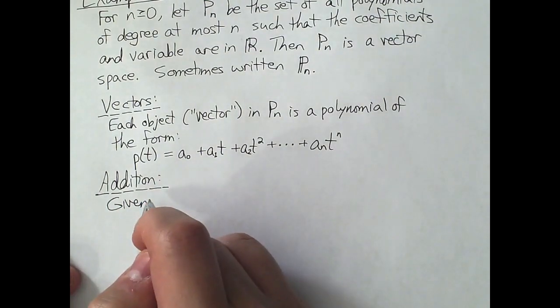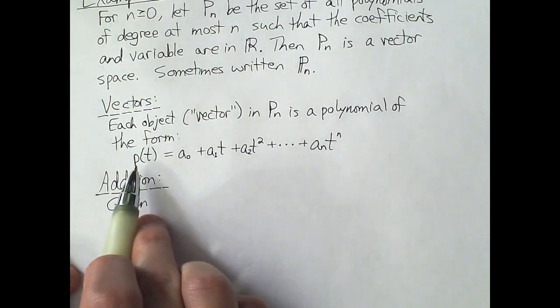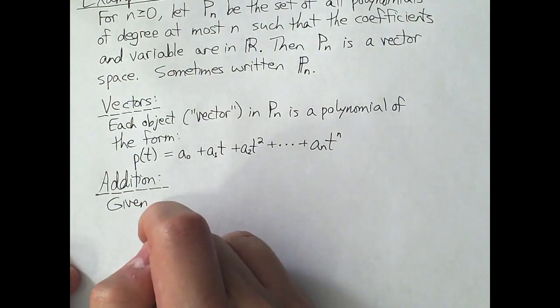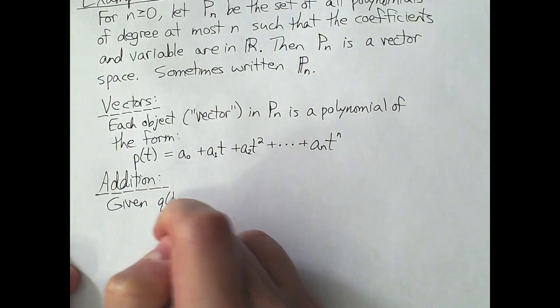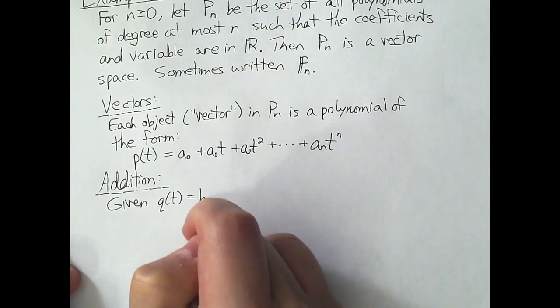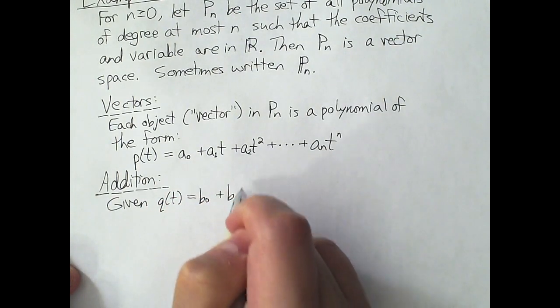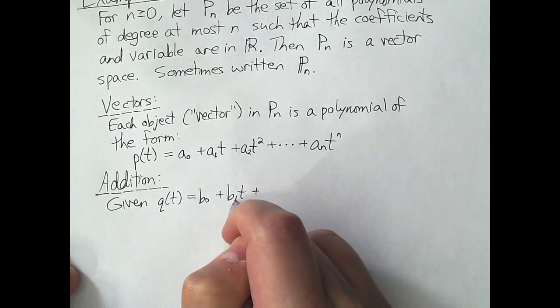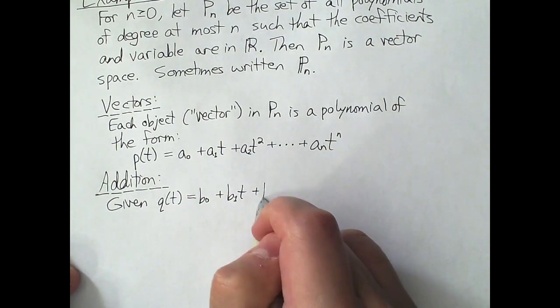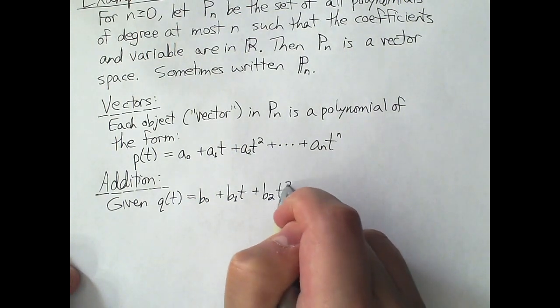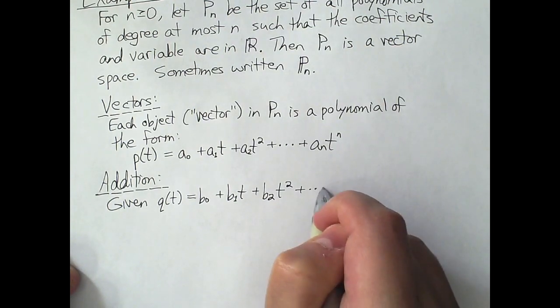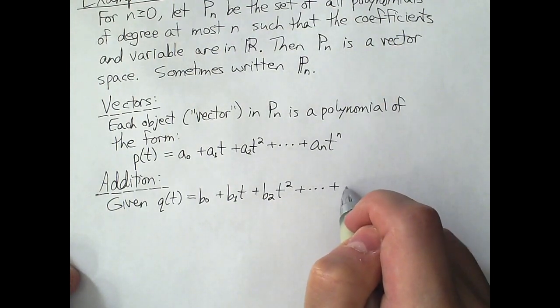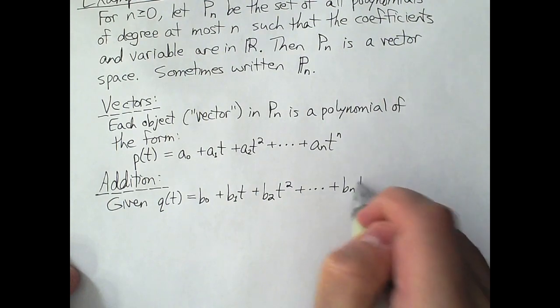Let's say one of them is P of t. We need a second one so that we can add them together, so we're going to have one called Q of t. Same variable, but possibly it might have different coefficients. I mean, these might be the same coefficients for all we know, but that would be a big coincidence.